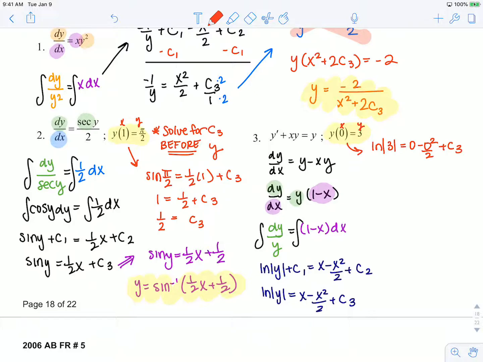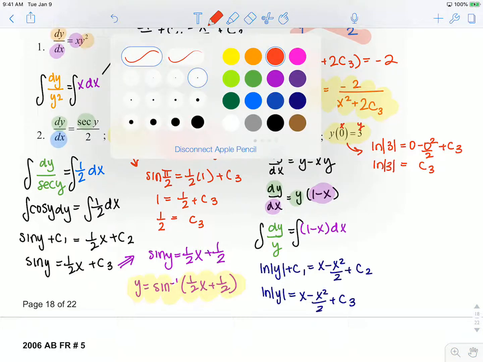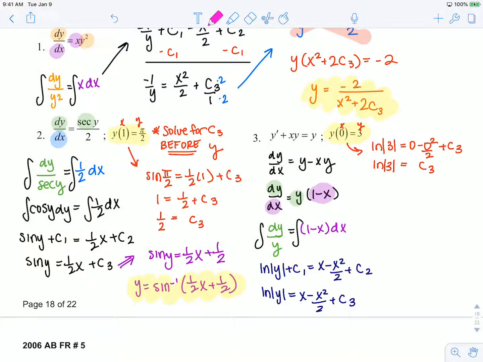So that makes c3 equal to ln absolute value of 3. Now we can plug this back in to our solved differential equation. Ln absolute value of y equals x minus x squared over 2 plus ln absolute value of 3.